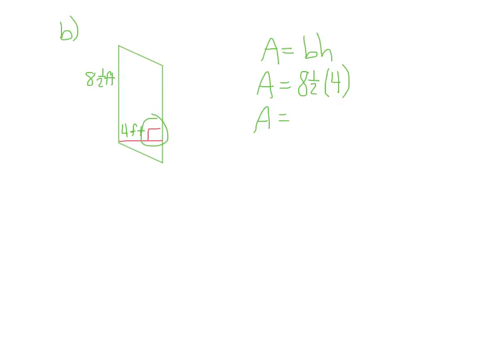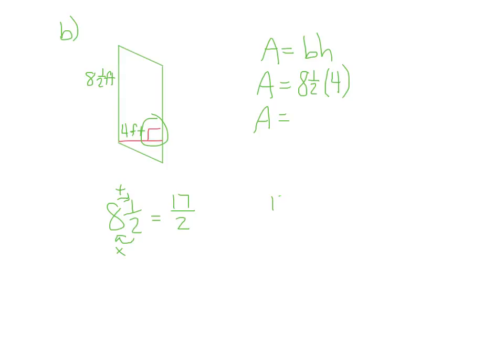Now this 8.5 times 4 takes you back to a different chapter. So if I have 8.5, I want to make that an improper fraction. And to do so, you say 8 times 2, which is 16, plus 1 is 17. So I can have 17 over 2.